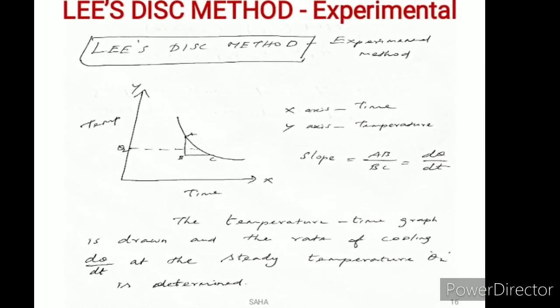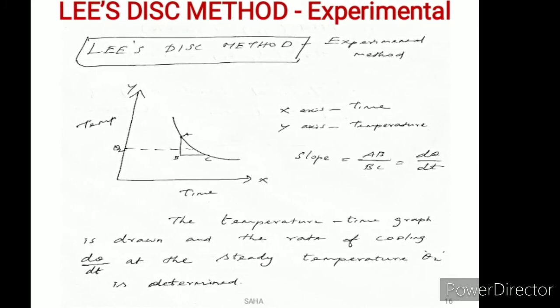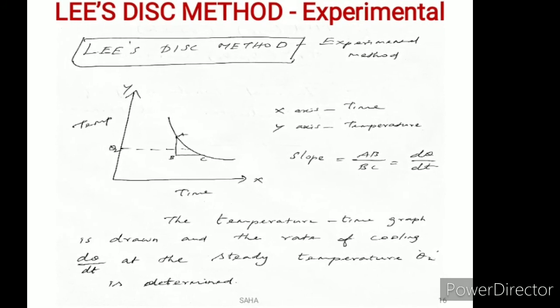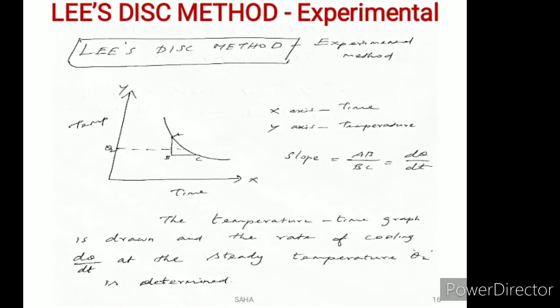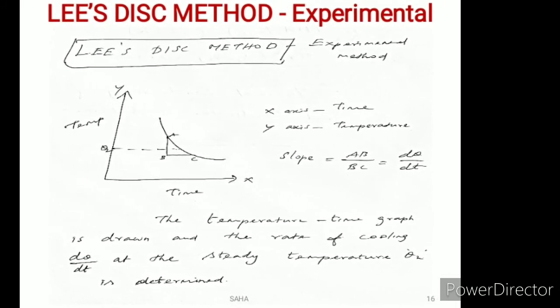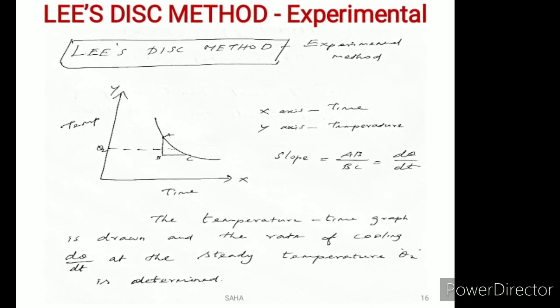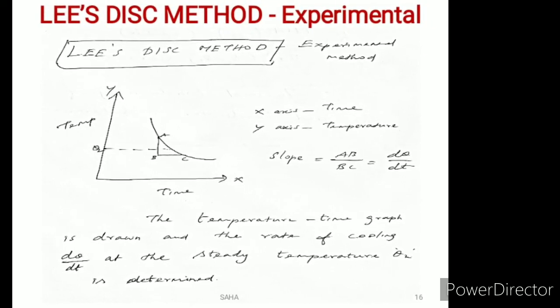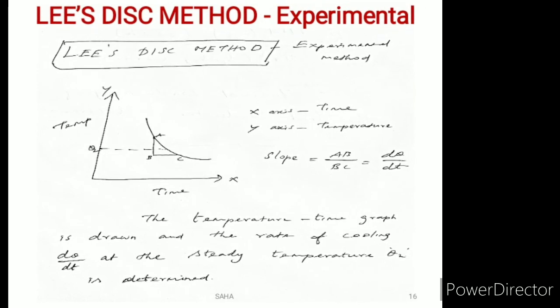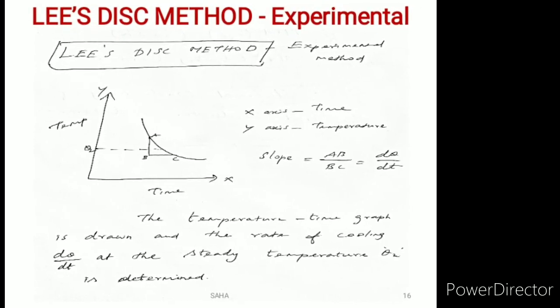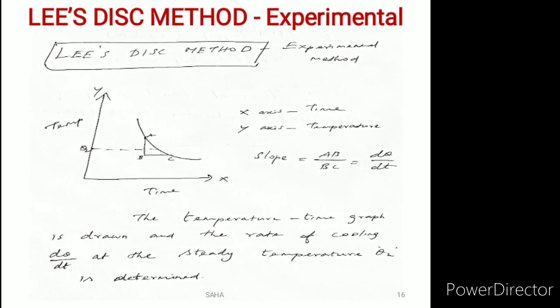We know the slope formula AB by BC, where AB belongs to temperature and BC belongs to time. Then the equation will be d theta by dt. So the temperature-time graph is drawn and the rate of cooling d theta by dt at the steady temperature theta 2 is determined.